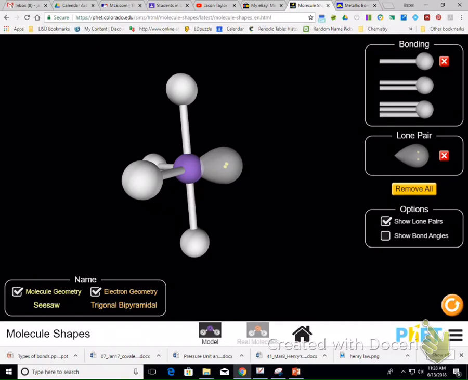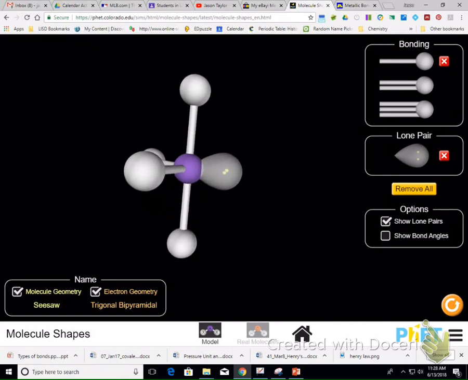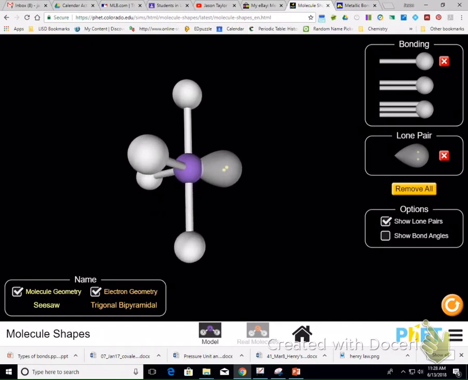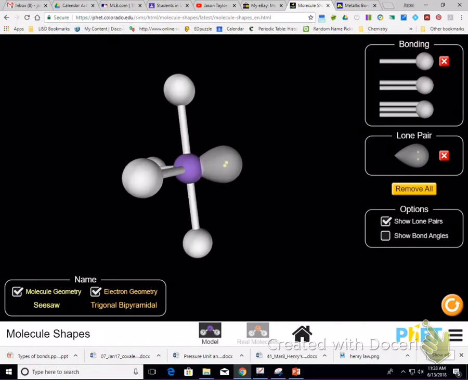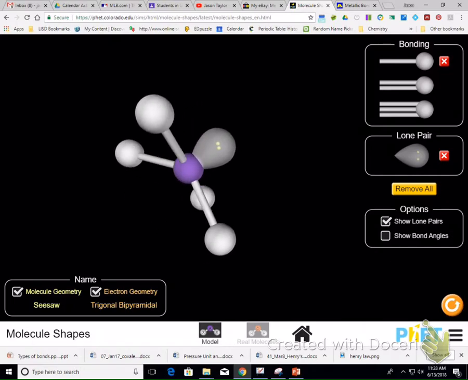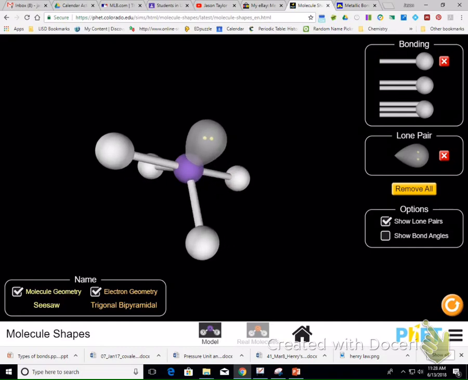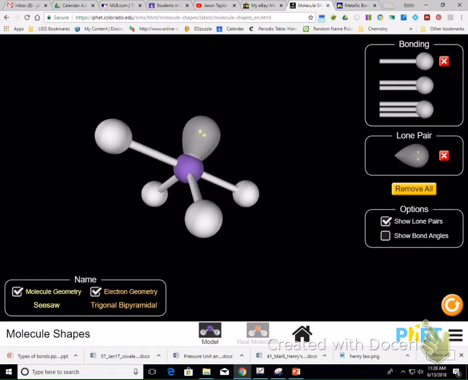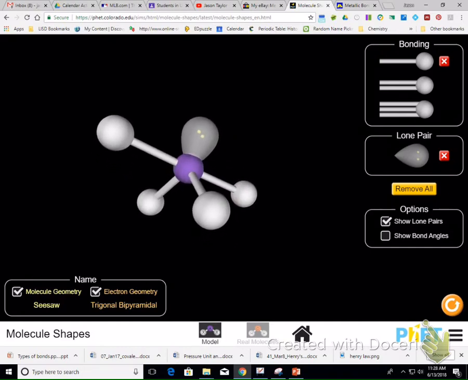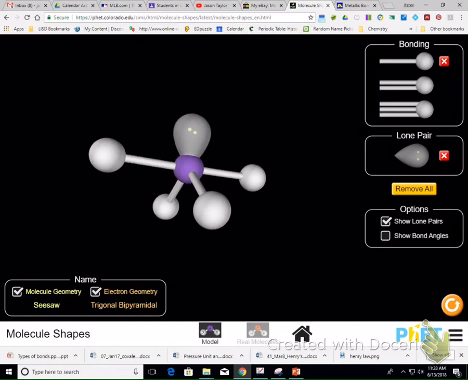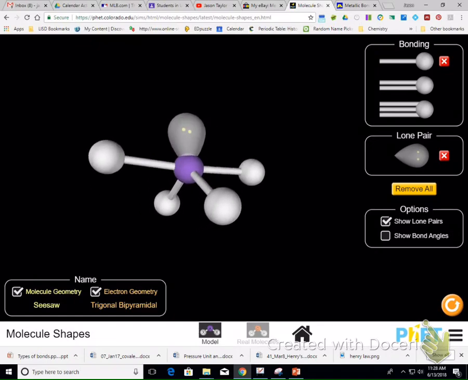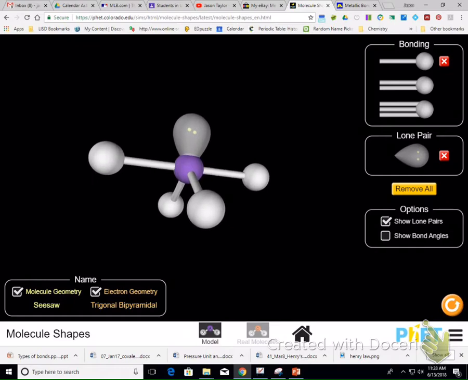In class, I hope to bring the models out and show you why this is true. But for now, look at the new geometry. This is called a distorted tetrahedron, but more commonly we refer to it as the seesaw shape. You can kind of see here as I rotate it, it looks like the old playground teeter-totter, up and down, up and down. Okay? It looks like these two are straight across.